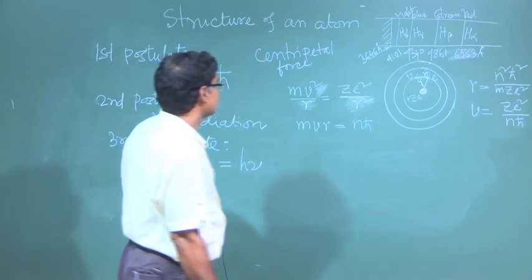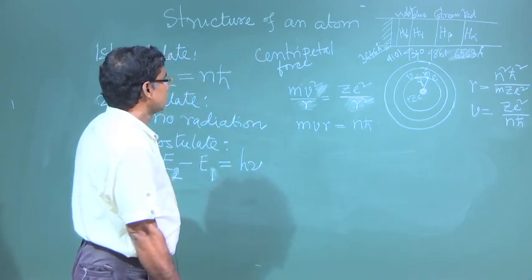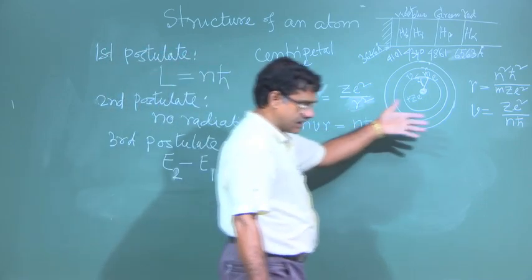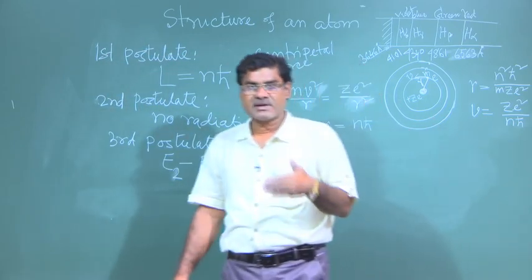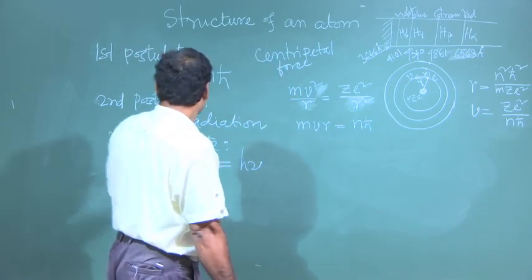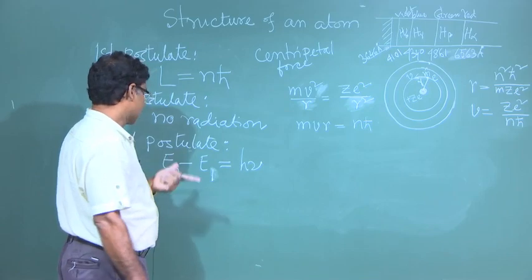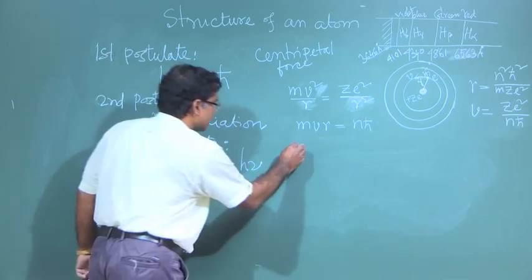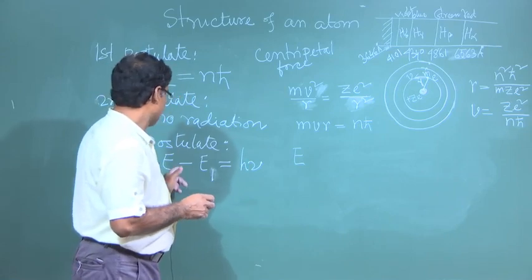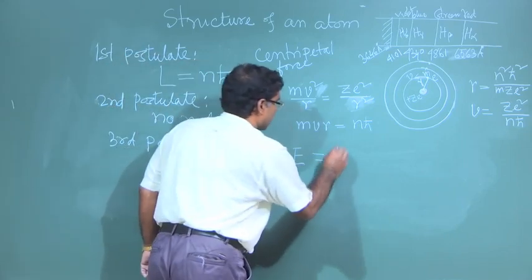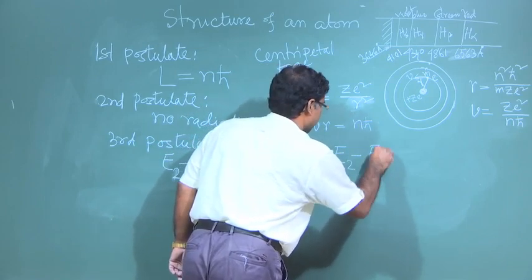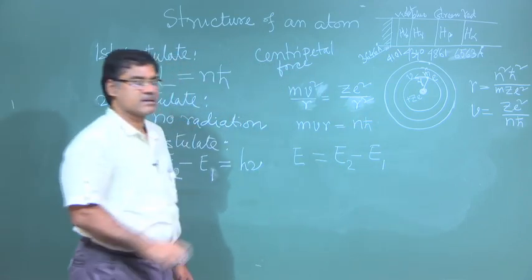Now, radiation: what is the energy when it will jump from one level to another level? So, from the third postulate, the energy E equal to E2 minus E1.